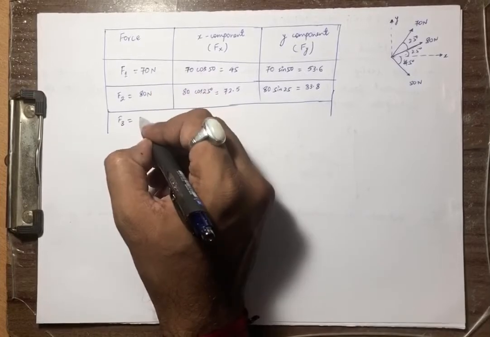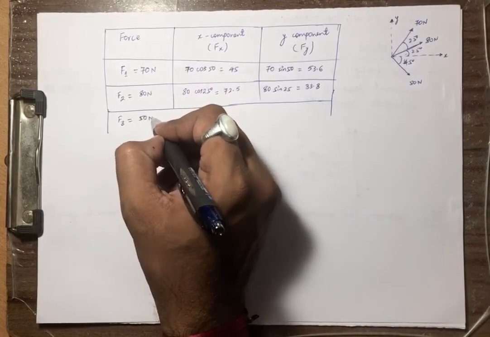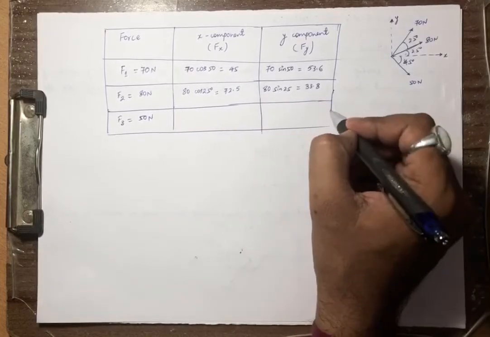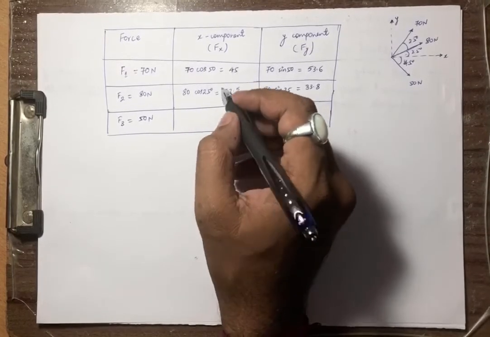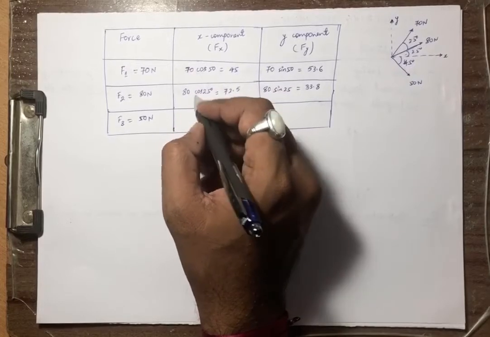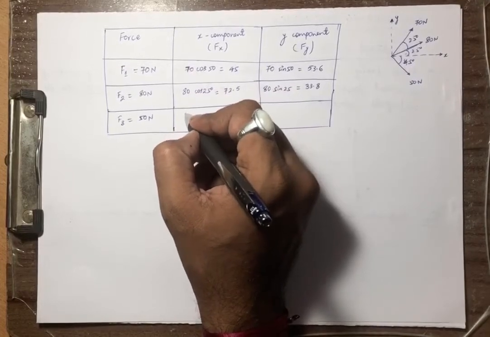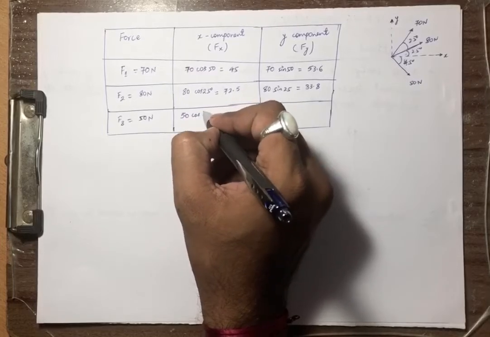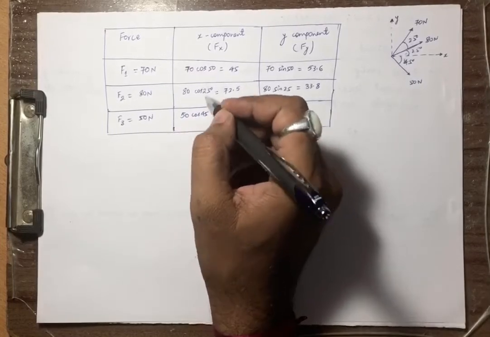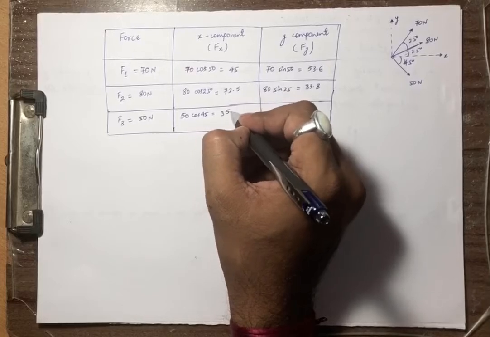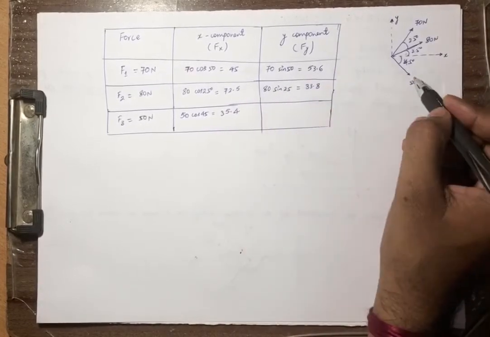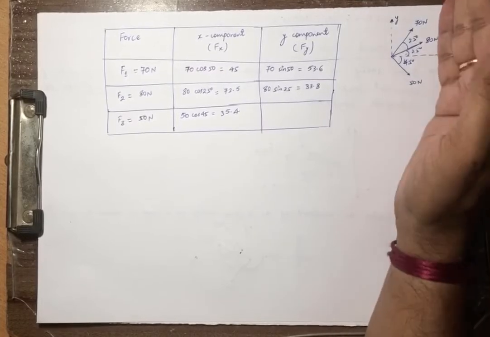Now F3, the third force is 50 Newton. So here Fx is 50 cos 45. So this is coming to be 35.4. Now let us see the y component.